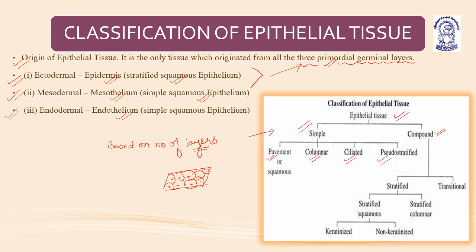In compound epithelium, the layers are arranged one, two, third, fourth. This is simple and compound epithelium. The compound epithelium may be of stratified or transitional type. Stratified type is non-stretchable, so I'll write here non-stretchable.